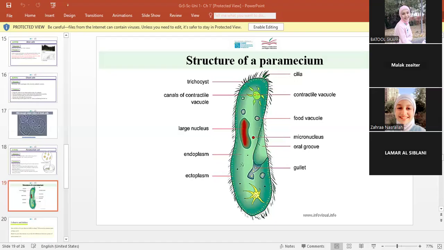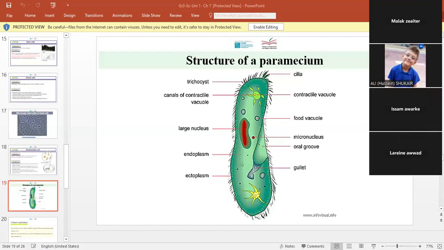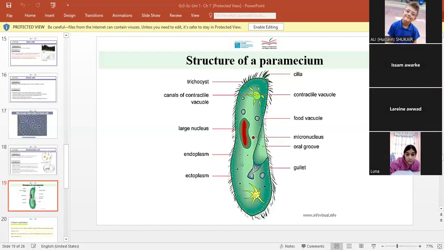These are the main parts of any cell, but it also has a vacuole. But can we say the vacuole is a main part, Issam? No, it's not a main part. Exactly. Let me stop sharing this one.